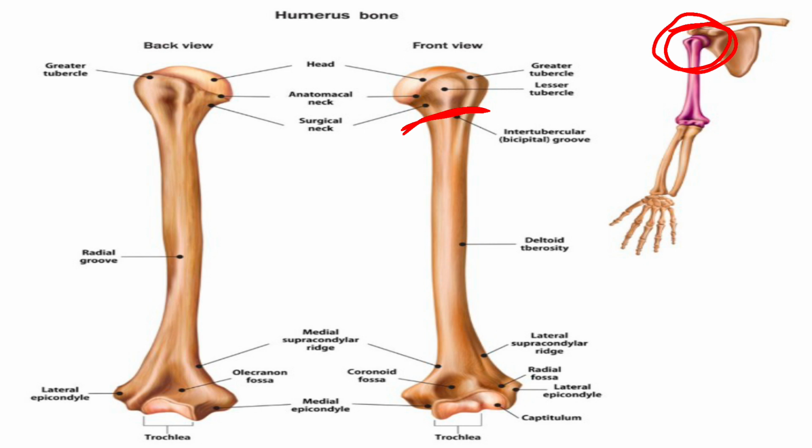In this following diagram, you can see all the parts clearly. This is the lateral supracondylar ridge and the medial supracondylar ridge.